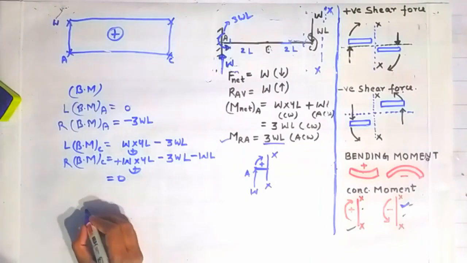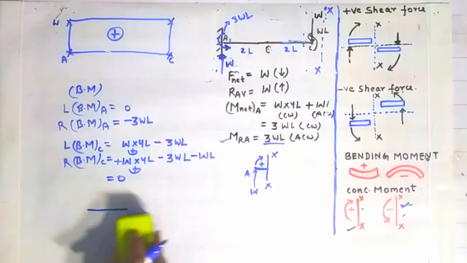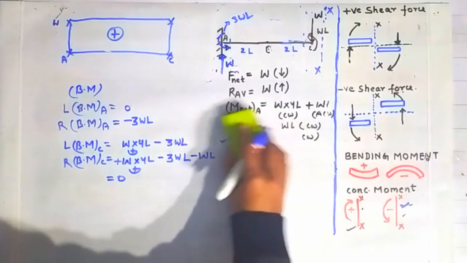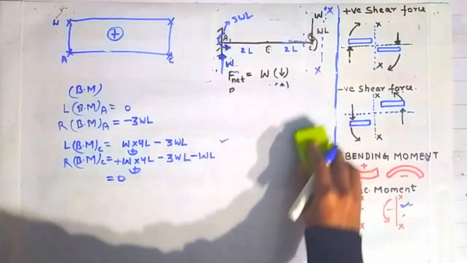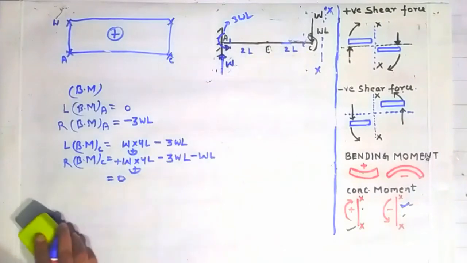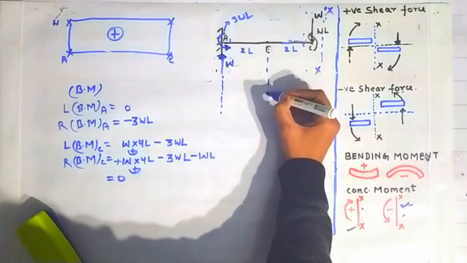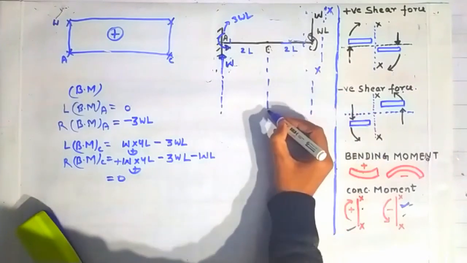So now we will draw the bending moment diagram. See how I am drawing the bending moment diagram. Very easy. You can do the same for the shear force diagram also, by projecting this line here, projecting this point here, and projecting this point here.